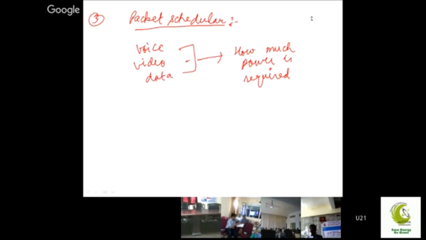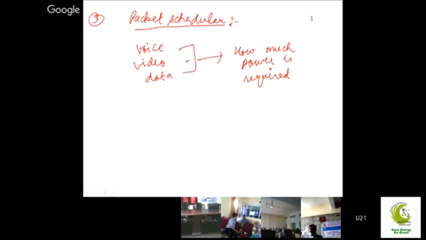How much power is required by my 3G SIM so that I could make a phone call? How much power is required so that I could watch an online video or do a video call? These are all handled by the packet scheduler, and the name scheduler indicates that it provides these packets, or the amount of power, over a span of time.